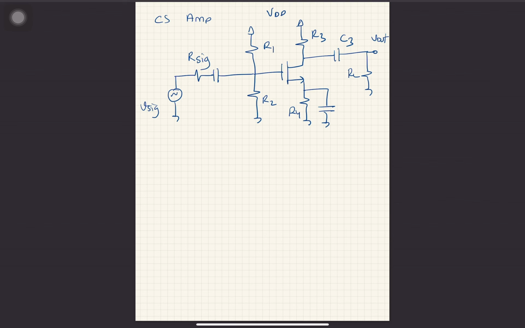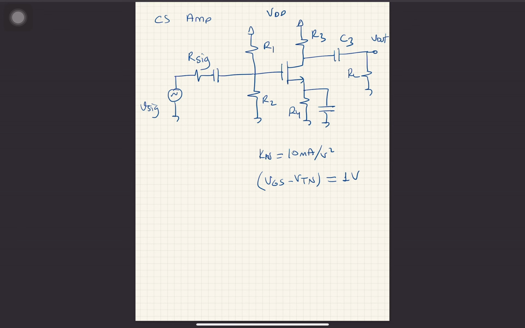Let's say that such a circuit is given to us, and some numbers are provided, like Kn is given as 10 milliamp per volt square, and VGS minus VTN from the DC bias is given as 1 volt.